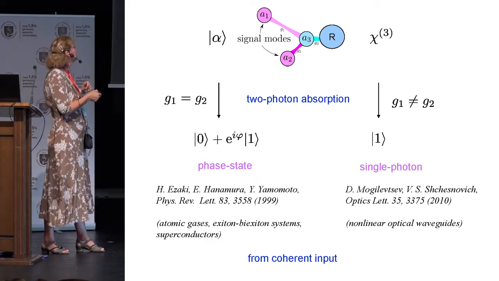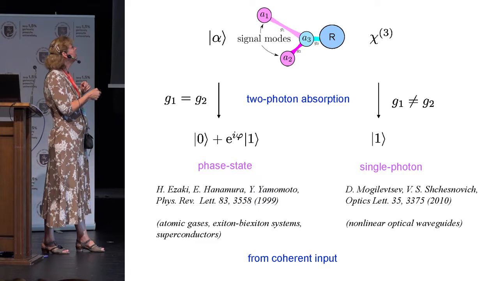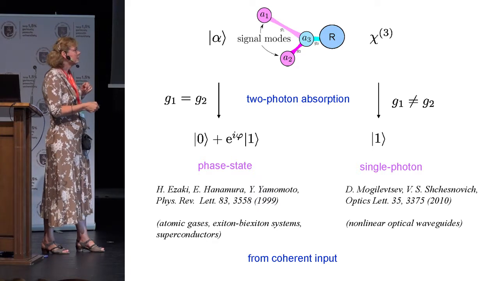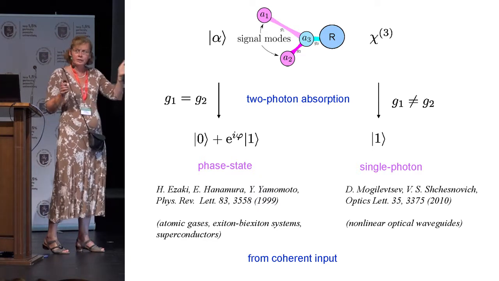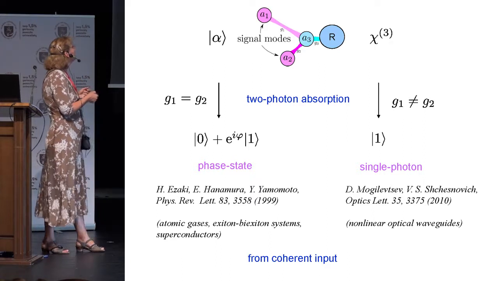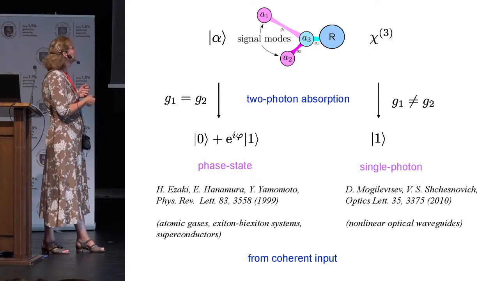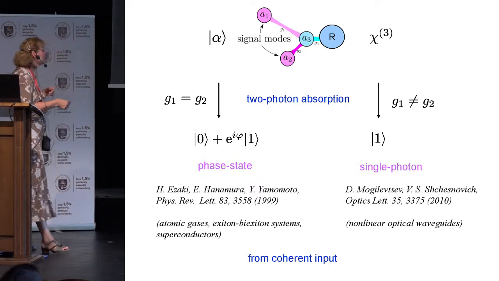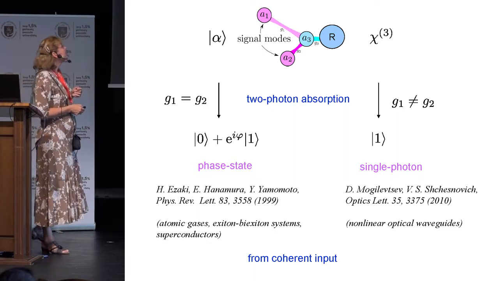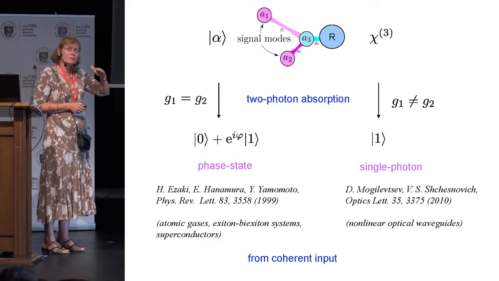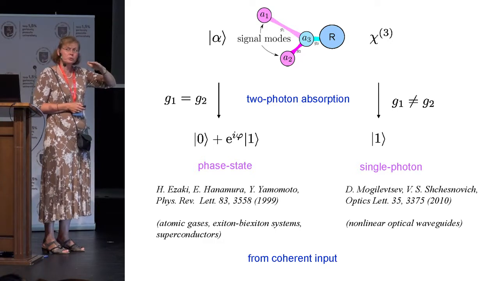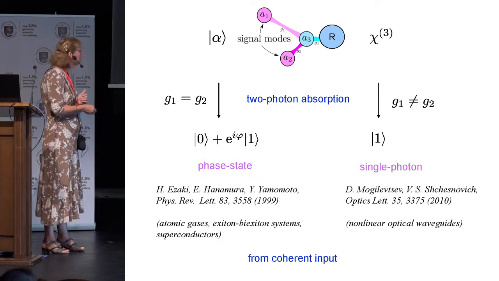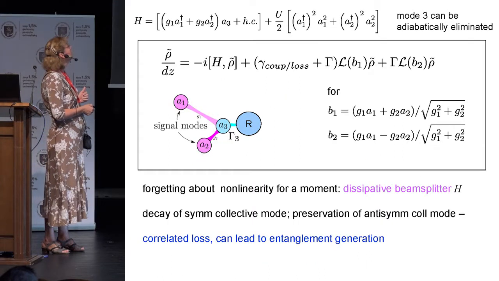And if I have asymmetric coupling, I can reach a single photon at the output, ideally, theoretically. If I have equal coupling, I can get the phase state like Yamamoto did in his paper for this type of system. And the mechanism, as I said, is the possibility to have two-photon absorption. Let's look at it in a bit more detail.